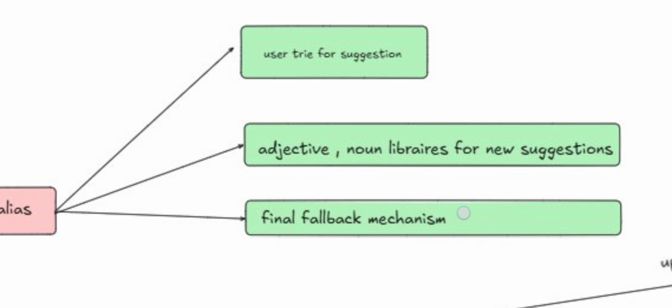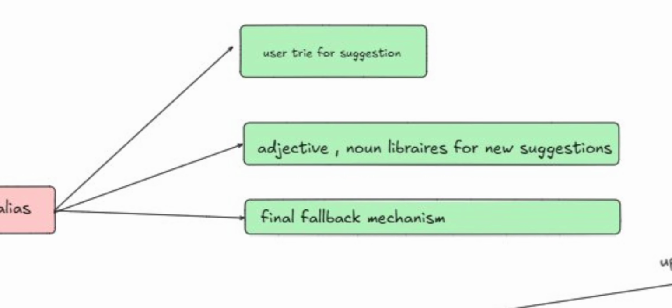And along with that, you can also have some libraries, for example adjectives, nouns, some separators or anything that you want to append. For example, let's suppose a user is taking the alias Pratik, and I can create a suggestion having an adjective, a separator, and then my name. So if I am taking the adjective as cool, it would be cool underscore Pratik.